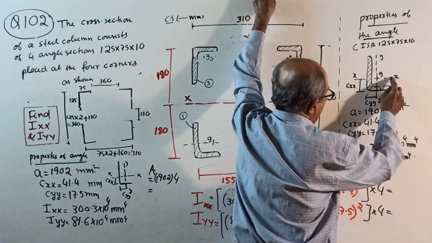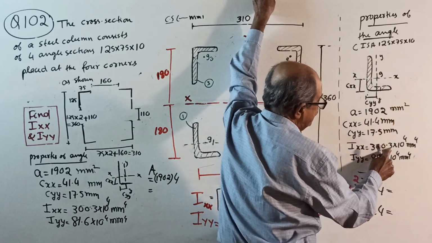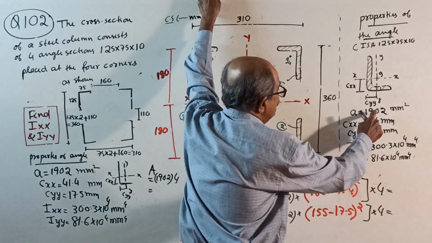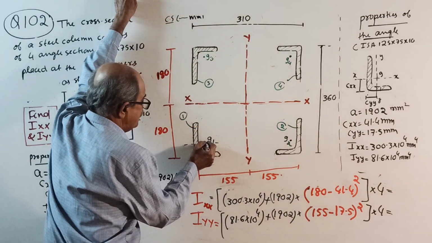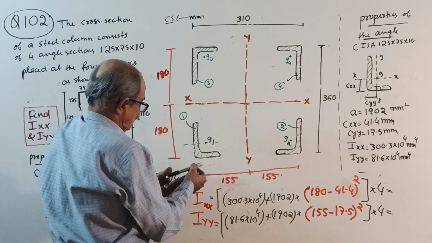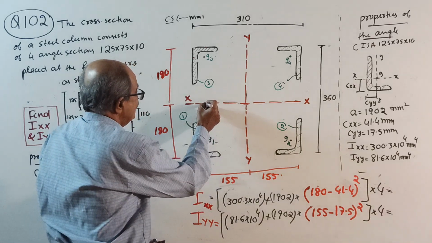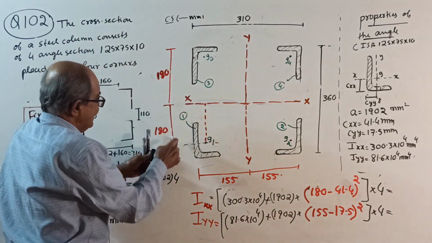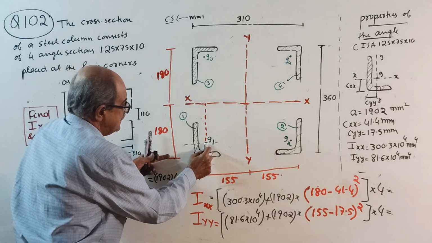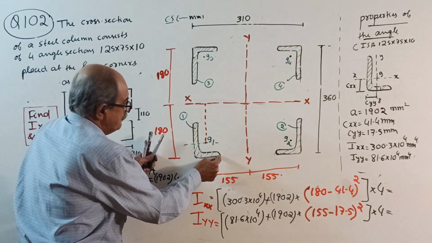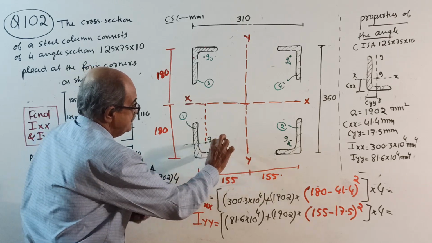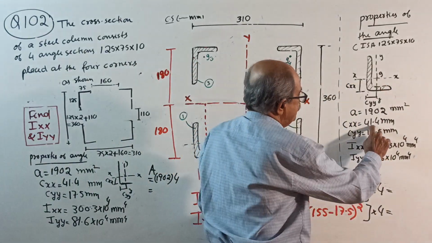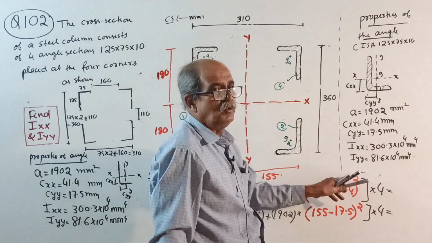So I about this axis is 300.3 into 10 to the power 4 plus area 1902 into, from centroid G1 to XX, this distance square, that is 180 minus this distance, G1 from the edge of the shorter leg, which is exactly 41.4. So 180 minus 41.4, squared.